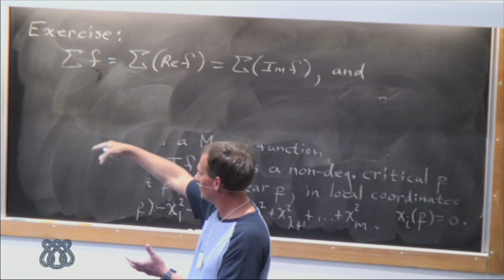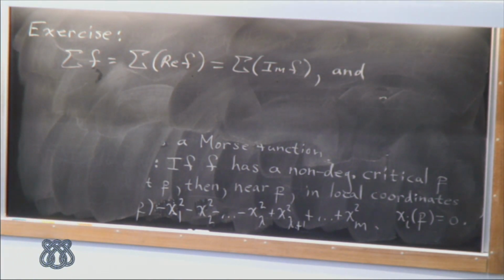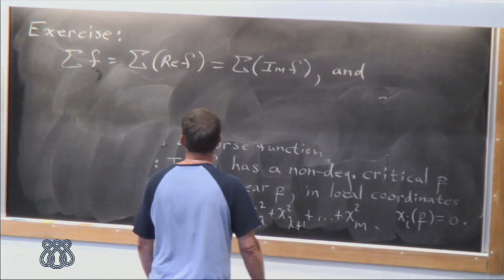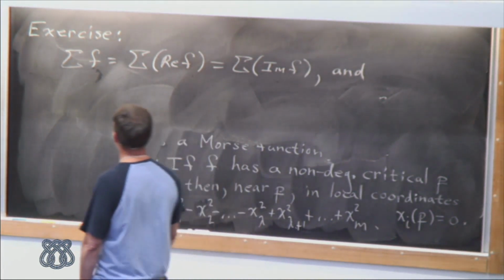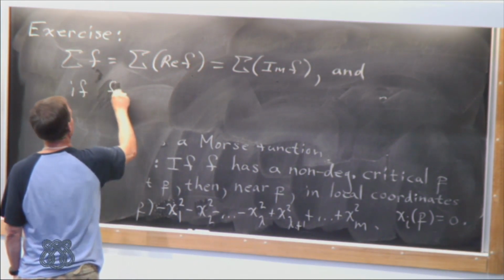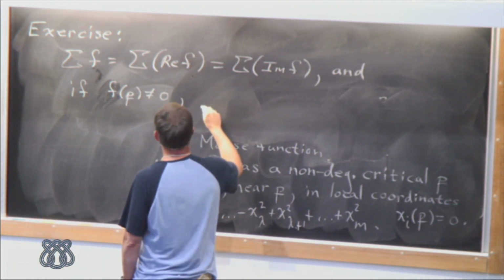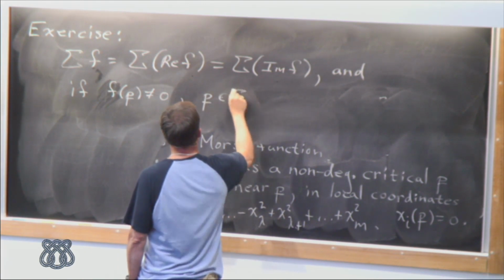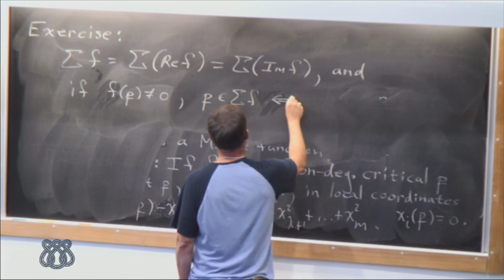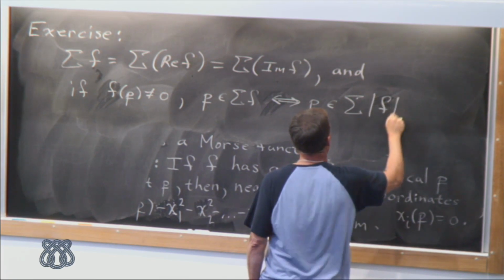Think of U as being part of R^(2n+2), and just take their real critical points. All those sets are equal. And if F of P is not 0, P is in the critical locus of F if and only if P is in the critical locus of the magnitude of F squared.